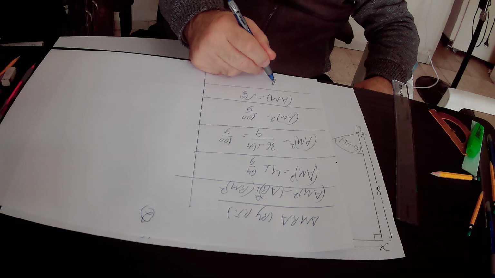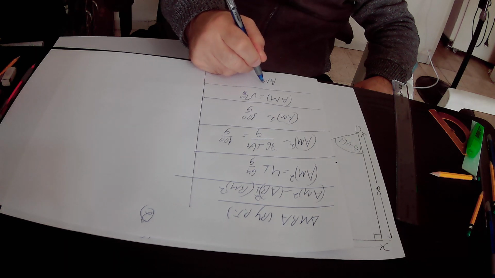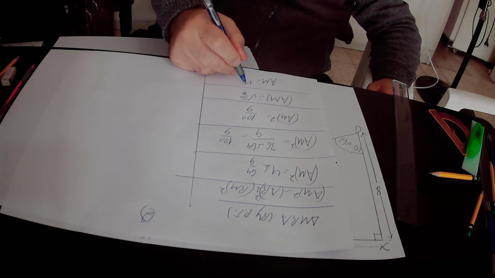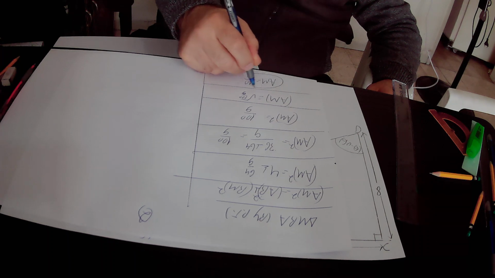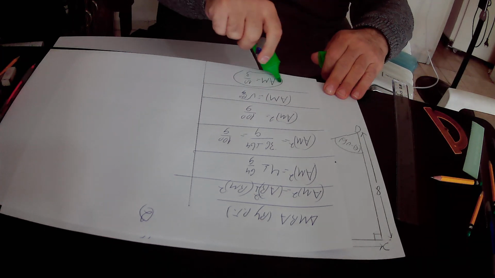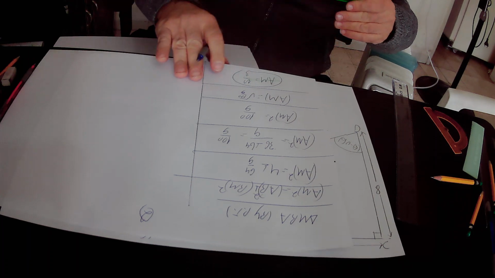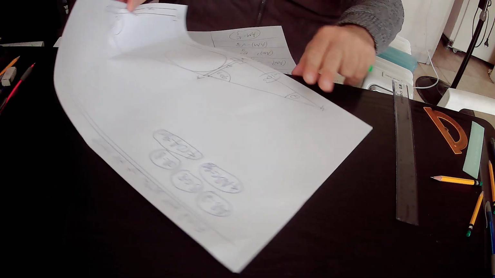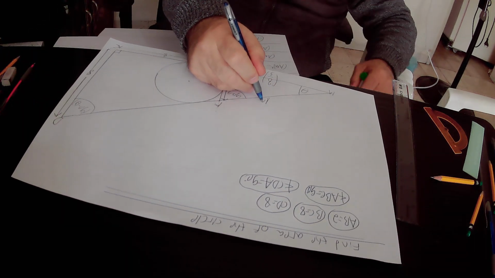And the square root of 100 over 9 equals the square root of 100, that is 10, over the square root of 9, that is 3. So in conclusion, we found that AM equals 10 over 3 units in its length. The hypotenuse AM equals 10 over 3 units.